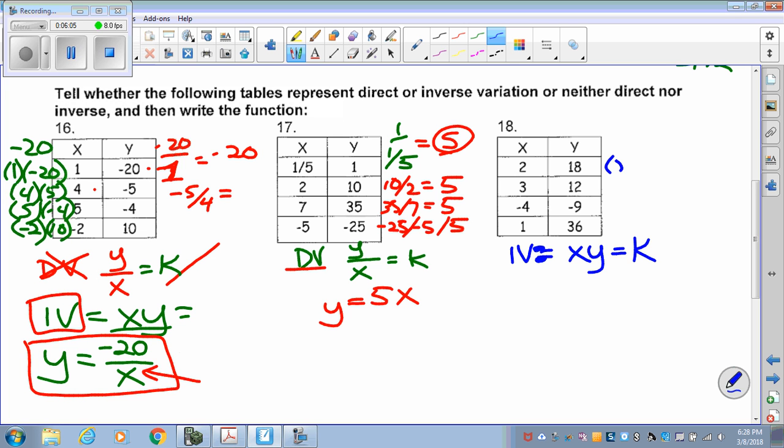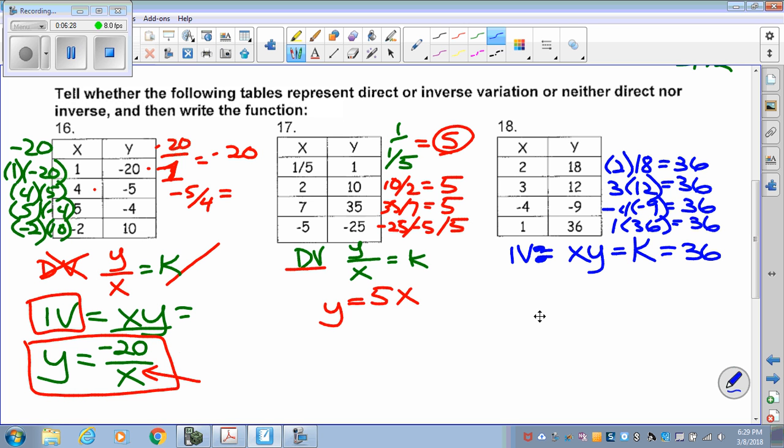So 2 times 18 is 36, 3 times 12 is 36, negative 4 times negative 9 is positive 36, and 1 times 36 is 36.